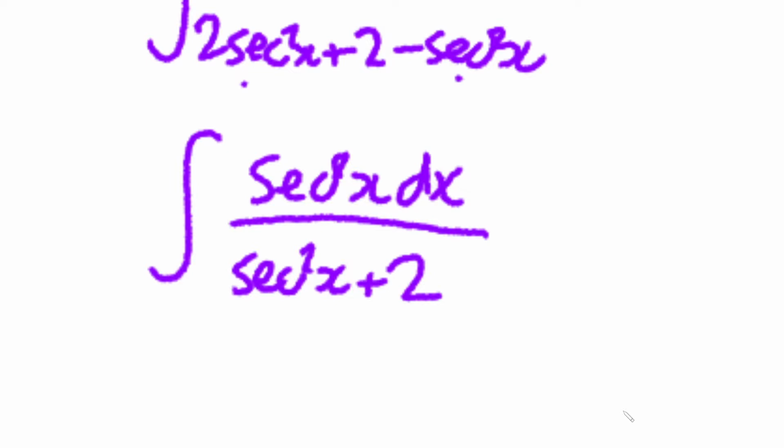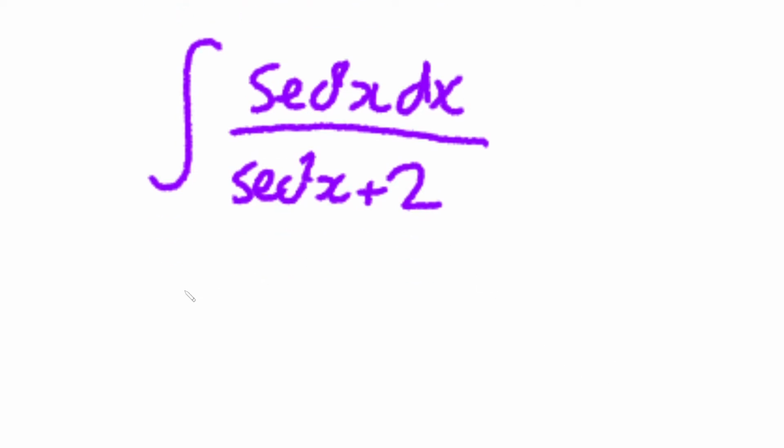If you find any integral with secant squared x, or tan x, or something along those lines, you should always consider whether you're able to do anything with that identity, 1 plus tan squared x equals secant squared x. You can often get a lot of stuff done by making that substitution.